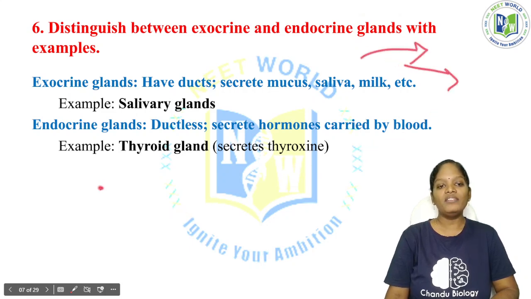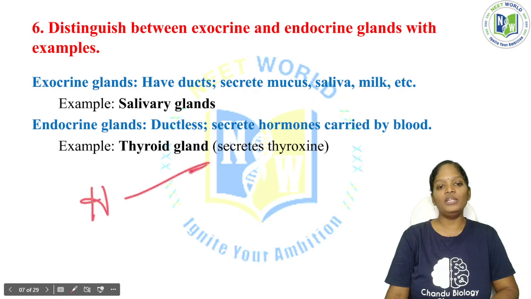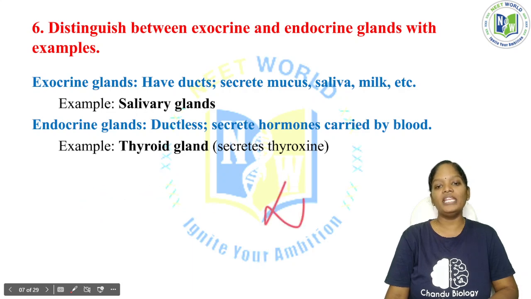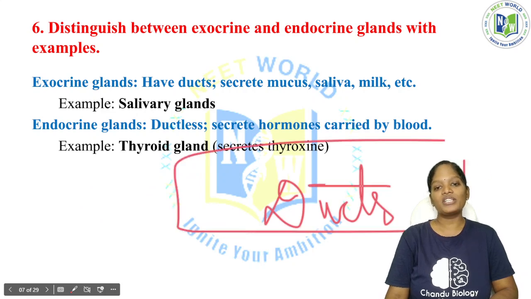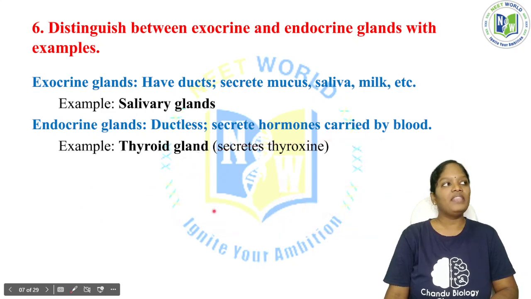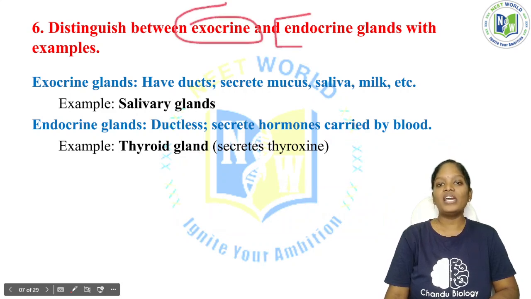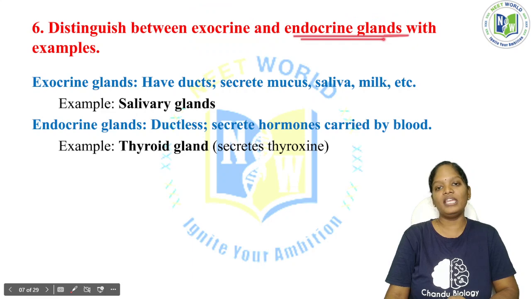The secretion is carried through a tube-like structure called a duct. If ducts are present, we call them exocrine glands. If the ducts are absent, we call them endocrine glands. As there is no duct in endocrine glands, we can call them ductless glands.